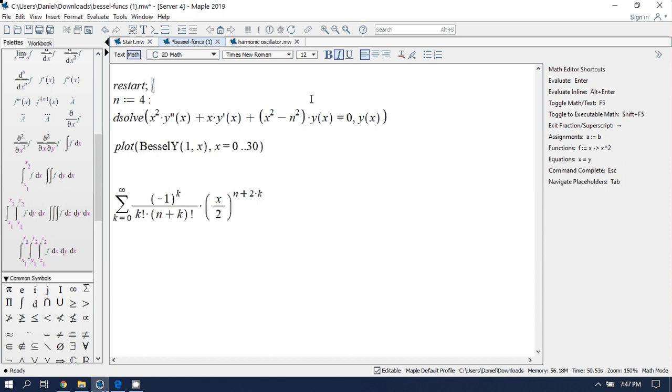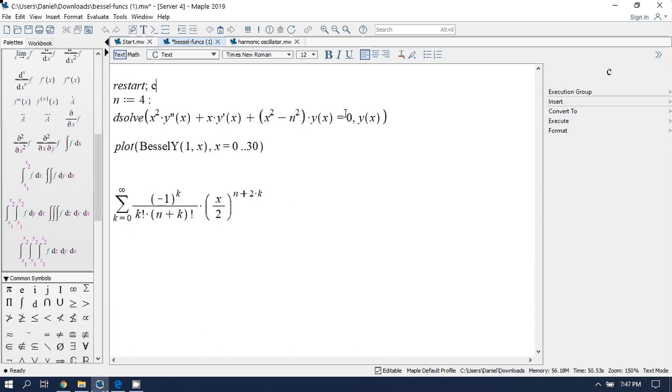So I want you to remember that, let me write it here in the text mode. For a second order homogeneous linear ODE, you would expect the solution to be in the form of some constant c1 times y1 plus some other constant c2 times y2, where y1, y2 are the two independent solutions.